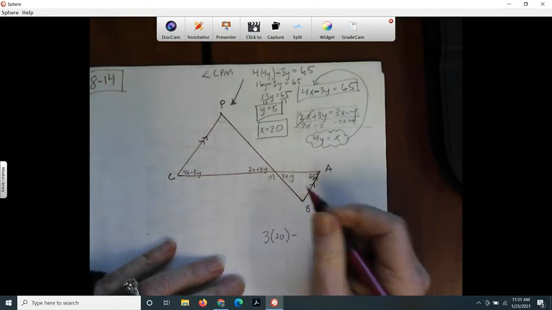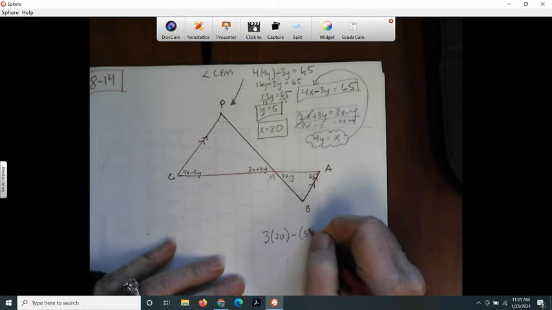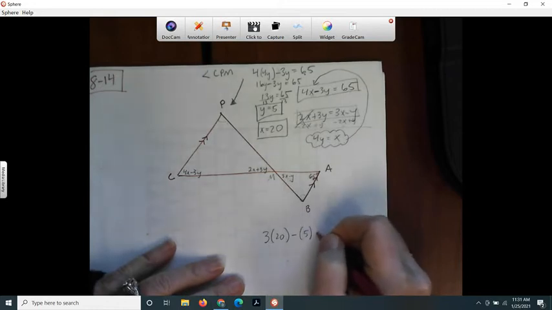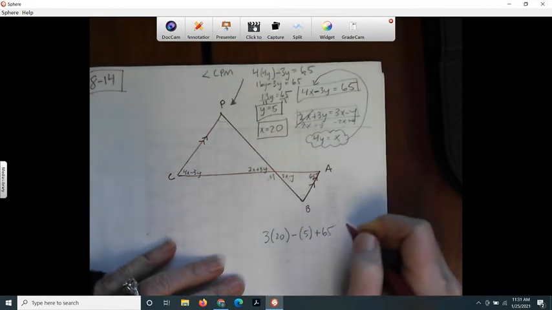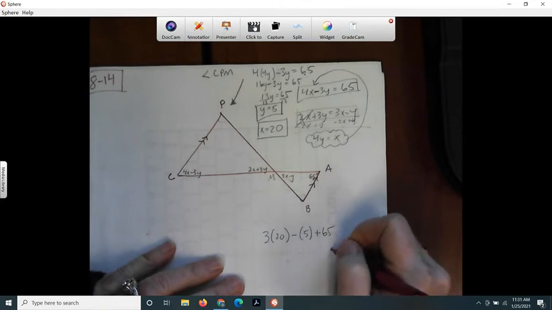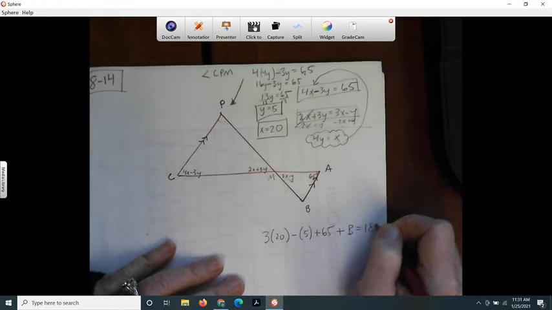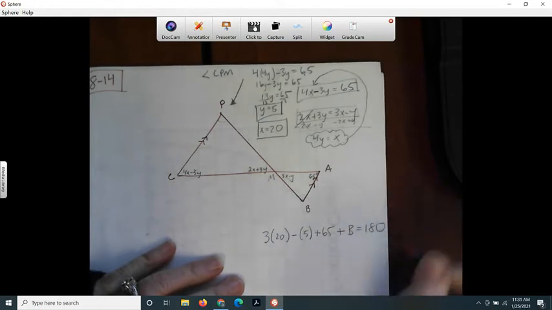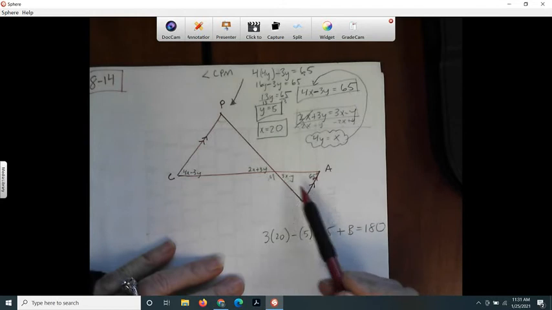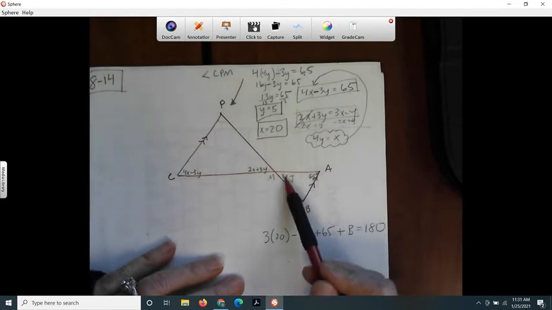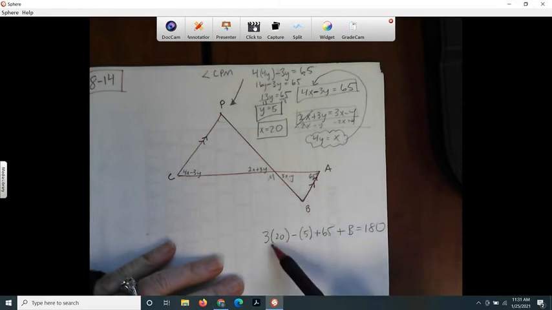Minus y was 5, plus 65, plus angle B equals 180. And I'm getting that because I just know that the three vertices of the triangle are going to add up to 180.